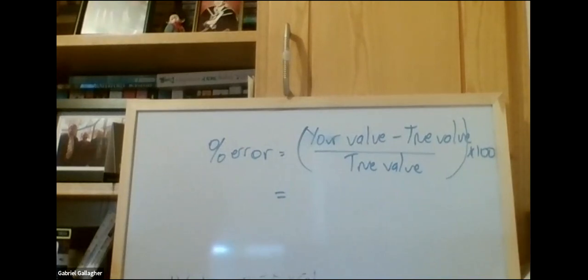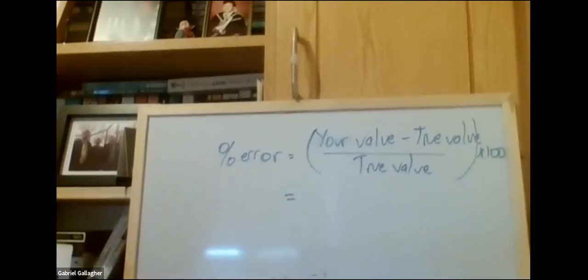Okay, percentage error is your value minus the true value divided by the true value multiplied by 100. And that's value, not valve. I know my V's and my U's look very, very similar. Okay, so I'm just going to share the screen.